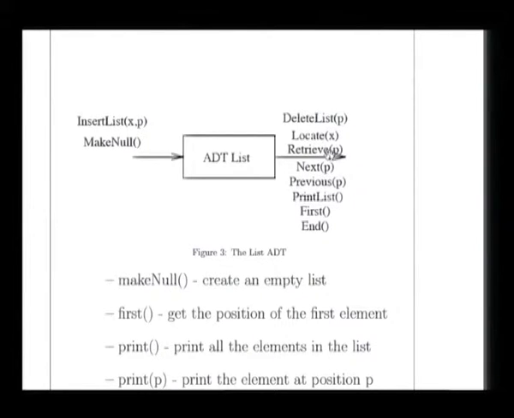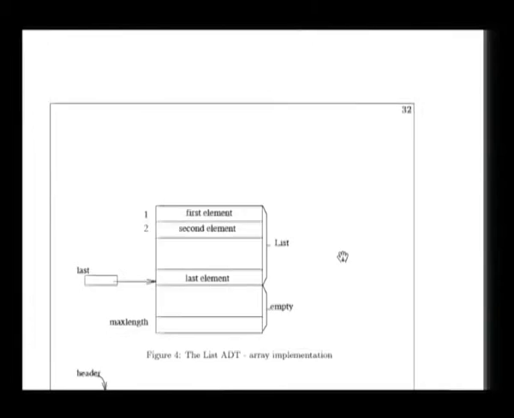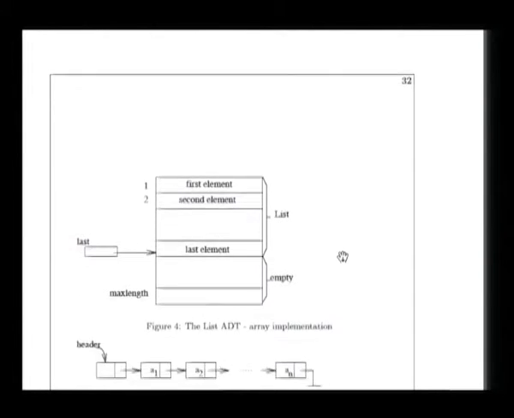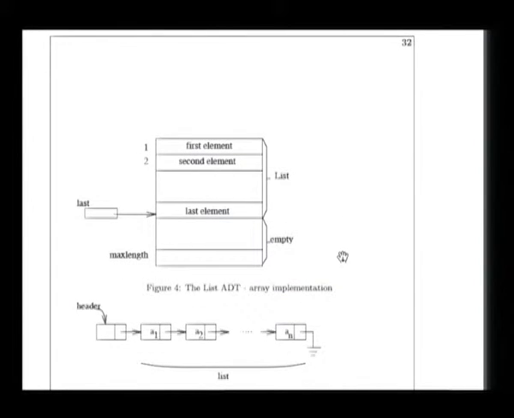You retrieve the element at a position P, find the next element of position P, the previous element of position P, print the entire list, get the position of the first element in the list, get the position of the last element in the list, and so on.